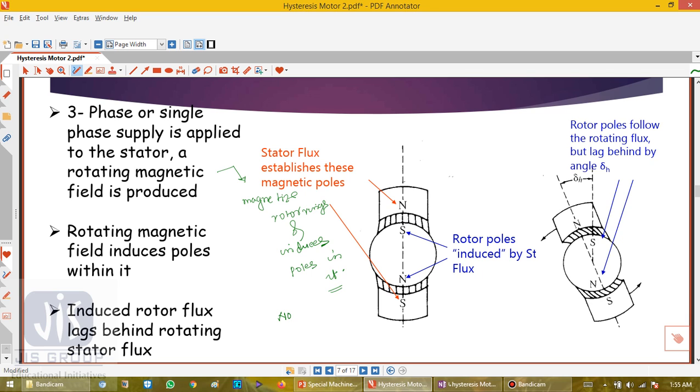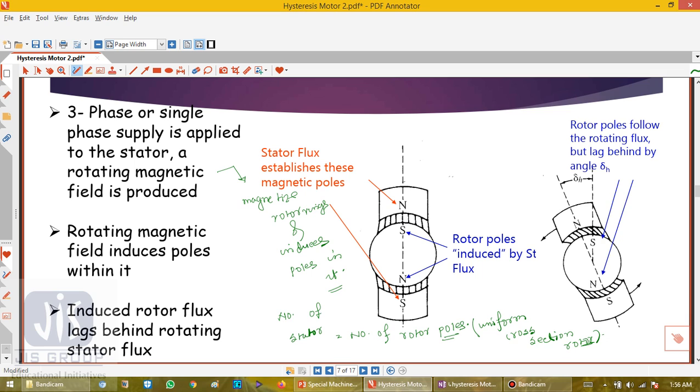So the number of stator poles equals the number of rotor poles for a uniform cross-section rotor.